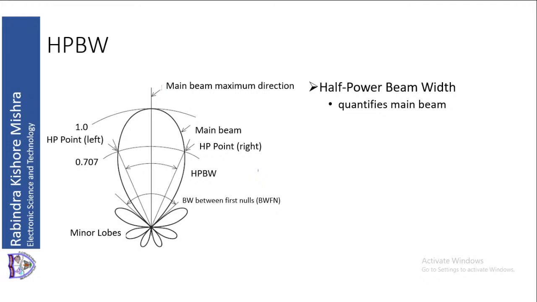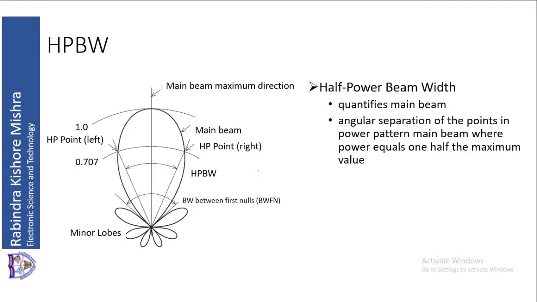HPBW stands for half power beam width. This half power beam width quantifies the main beam. Usually this is one way of quantifying the main beam; there is another way that we'll discuss, but this is what quantifies the main beam mostly. This is the angular separation of points in the power pattern main beam where the power equals one half of the maximum value.